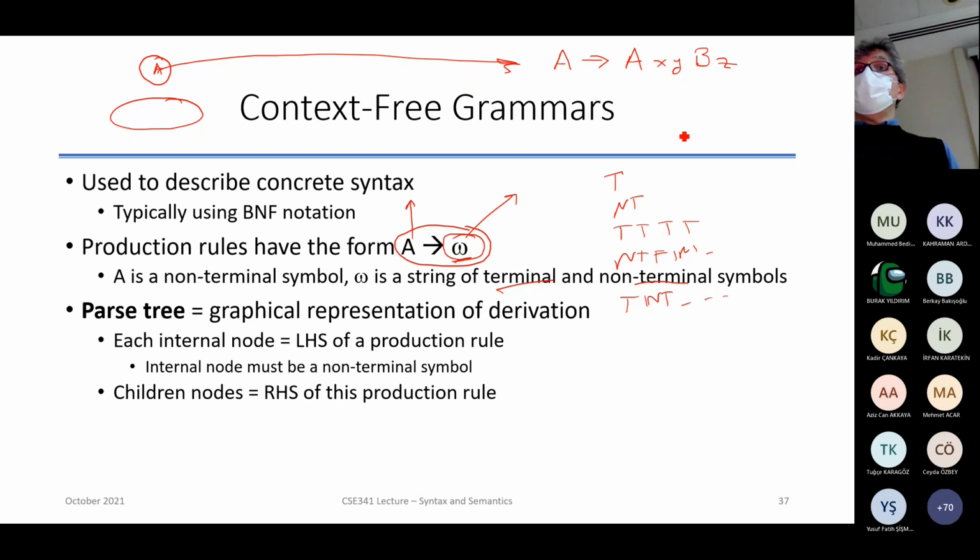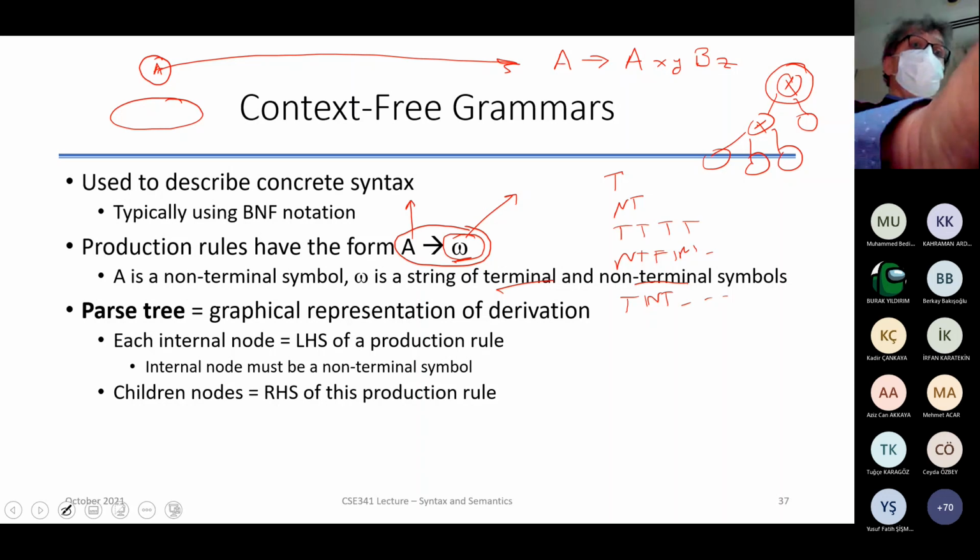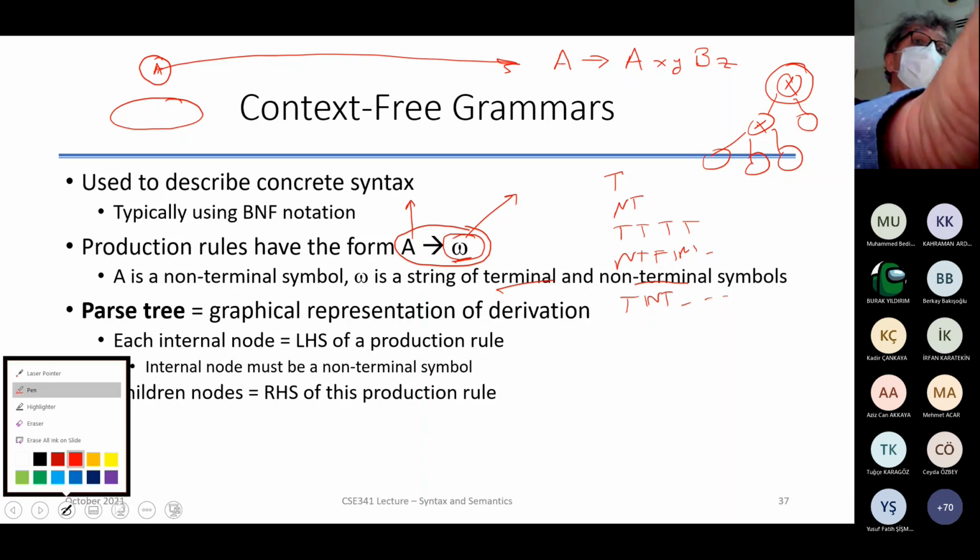So if you recall, when we talk about a tree, let's say I have a tree like this, not necessarily binary. This tree has 1, 2 internal nodes. The root of the tree is here. This is going to be our start symbol. These internal nodes all correspond to the left-hand side of a production rule, and each of their children corresponds to the right-hand side.